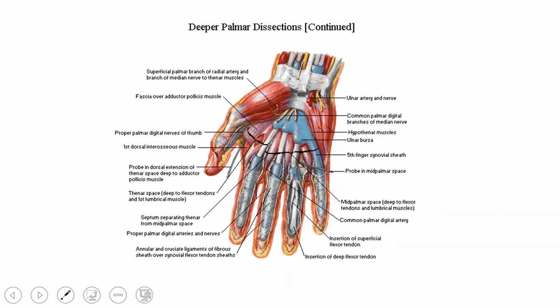Now, as we have studied the attachments of all the muscles, moving on to the nerve supply, the nerve supply of all these muscles is mainly from the median and the ulnar nerve.